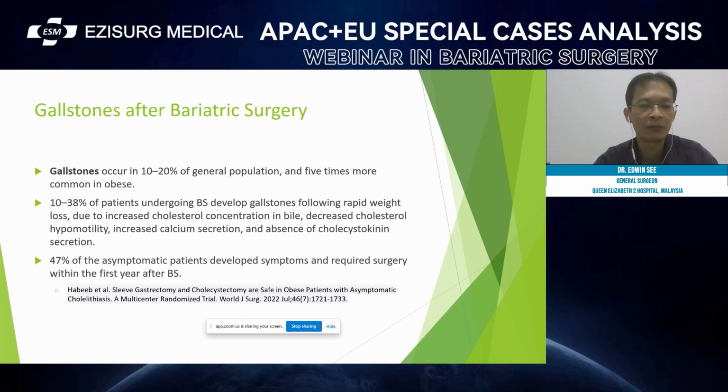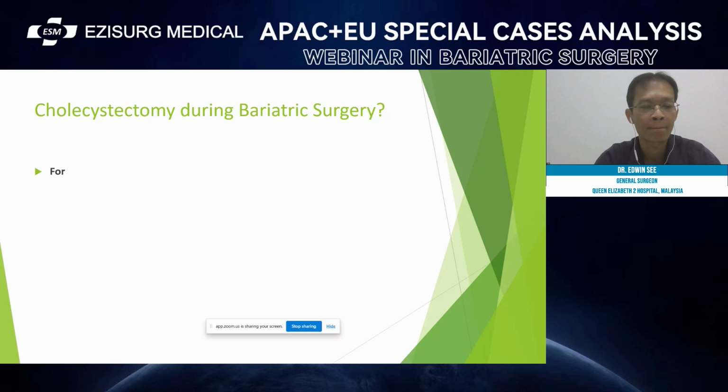There is also gallbladder hypomotility due to vagal nerve resection during the surgery and a decreased cholecystokinin secretion causing bowel stasis. Nearly 50% of asymptomatic patients will develop symptoms related to gallstones and require cholecystectomy within 1 year after bariatric surgery.